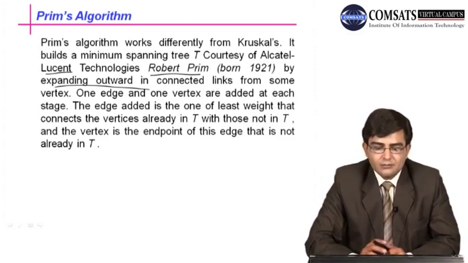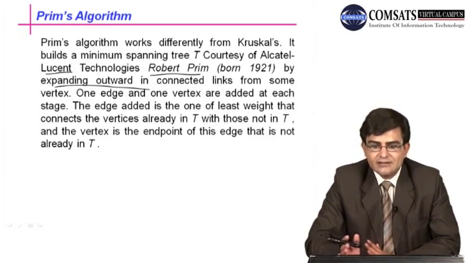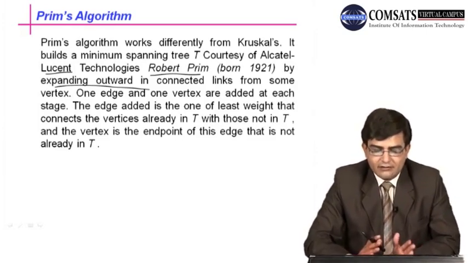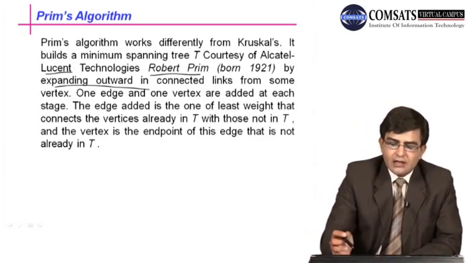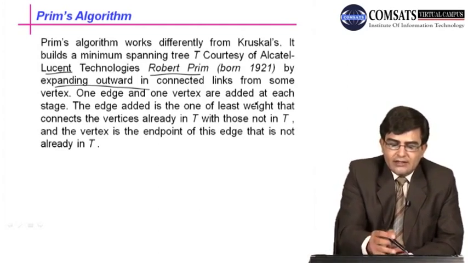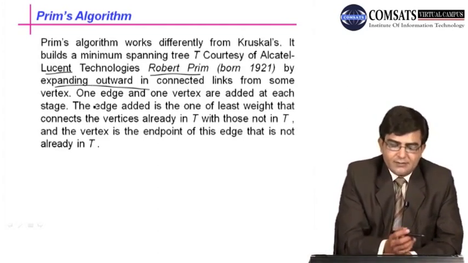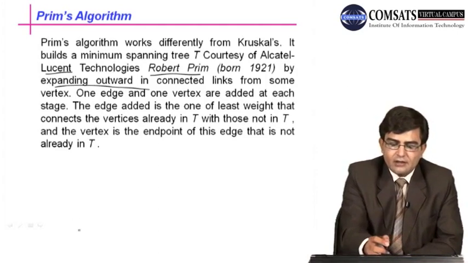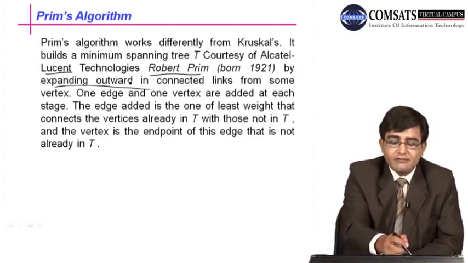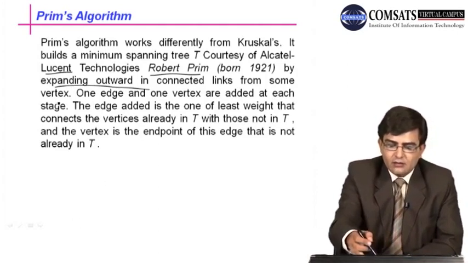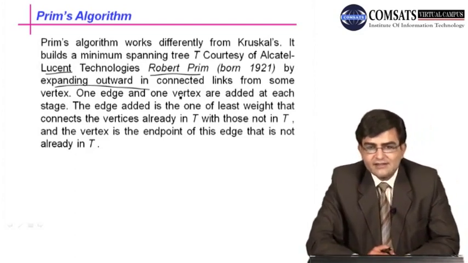But in Prim's algorithm, we have to decide some starting point and then add up the vertices relative to that vertex. So in this algorithm, the minimal spanning tree expands outward in connected links from some vertex. One edge and one vertex are added at each stage.